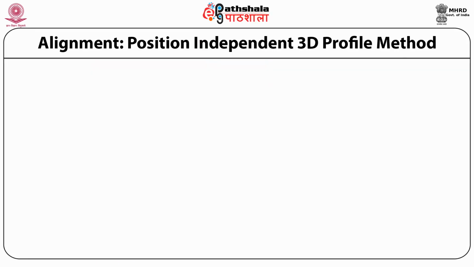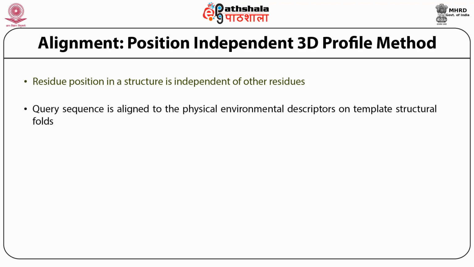Alignment based on the position-independent 3D profile method. Here, the residue position in a structure is independent of all the other residues. The query sequence is therefore aligned to physical environmental descriptors on template structural folds.